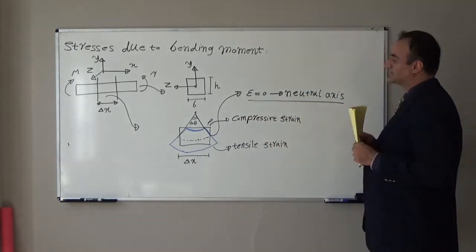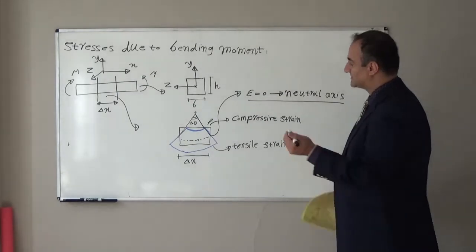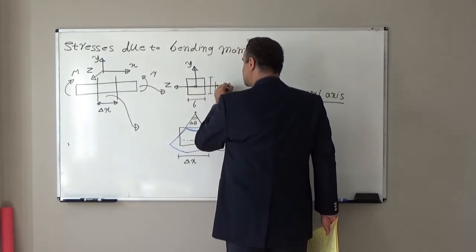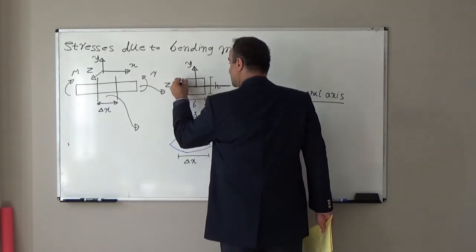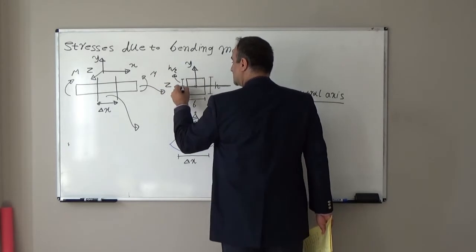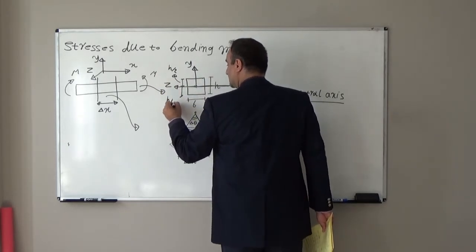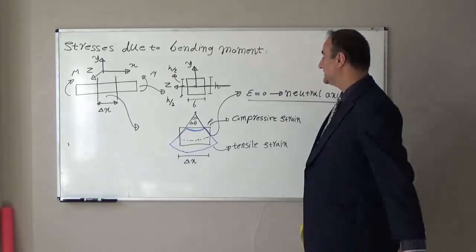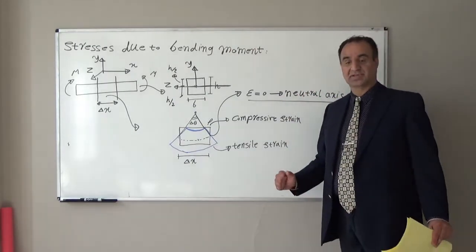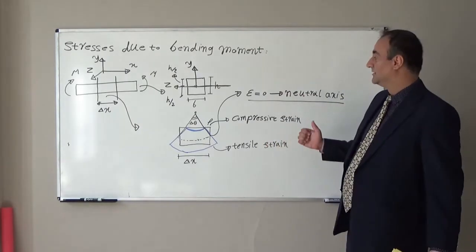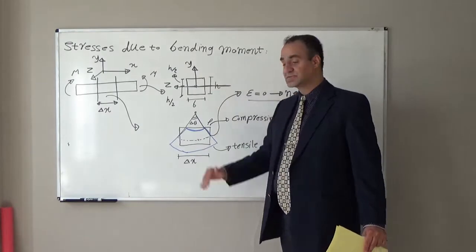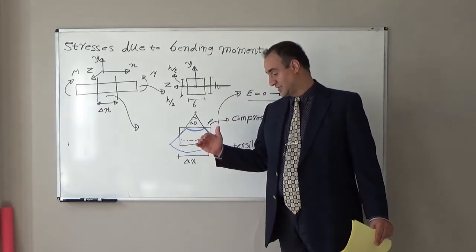In neutral axis location, for example, if it is rectangular shape, it passes from here, and above that it is h over 2, below that it is h over 2. This axis will pass through the centroid of the cross section. Why? We will prove that, that this neutral axis will pass through the centroid of the cross section.